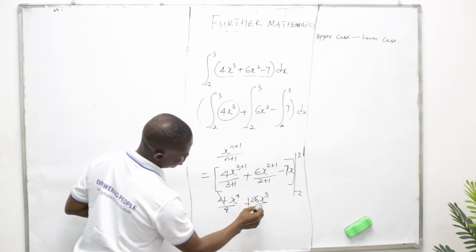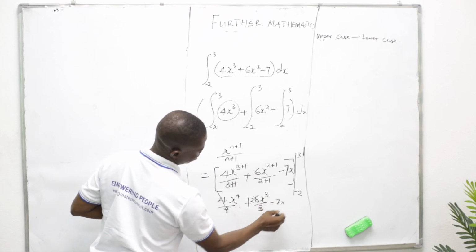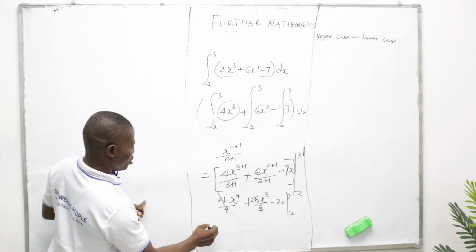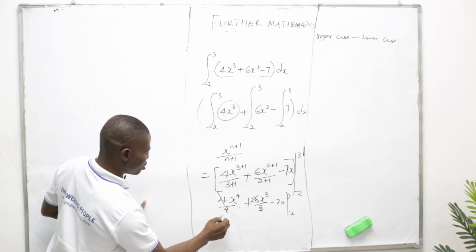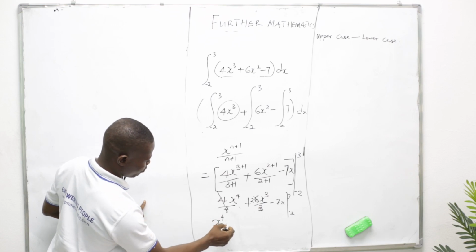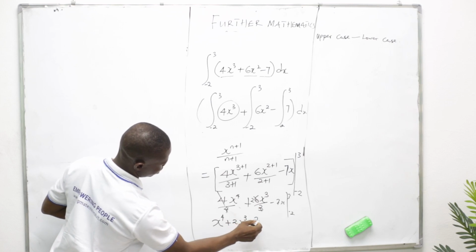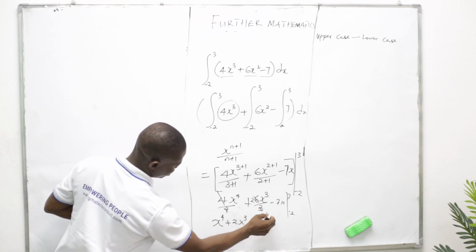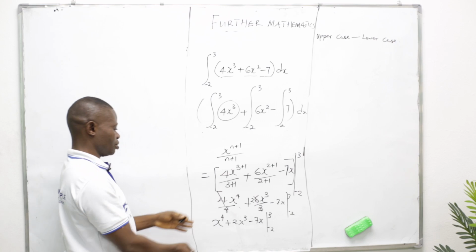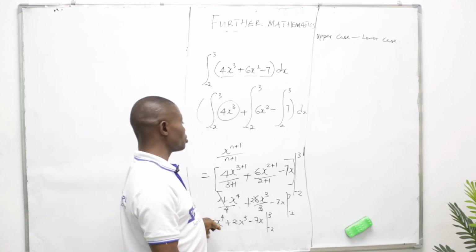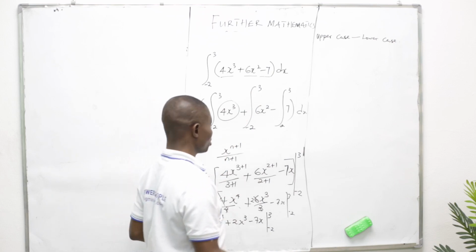If we cancel, this is 2, minus 7x, range 3 to minus 2. Look at what you are to handle now: x power 4 plus 2x cubed minus 7x. Because I know most of you don't like seeing big numbers, let us reduce it so that it will be easier to handle. So I want to handle the upper limit. So what's the upper limit?